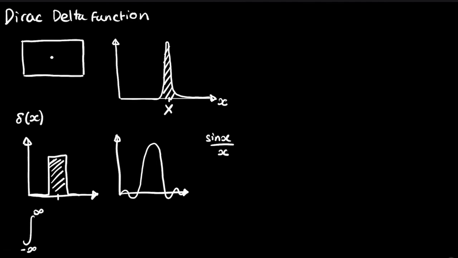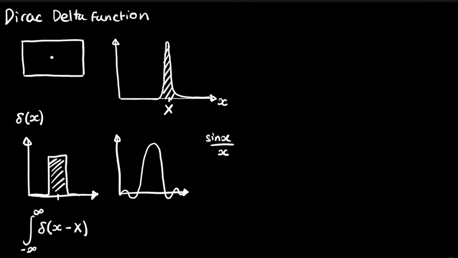The integral of a delta function, which we write as localized around this point X by saying delta of x minus X. If it was just delta of x, that would just mean it's localized around 0. But this means it's a Dirac function that's localized around this coordinate X right here.